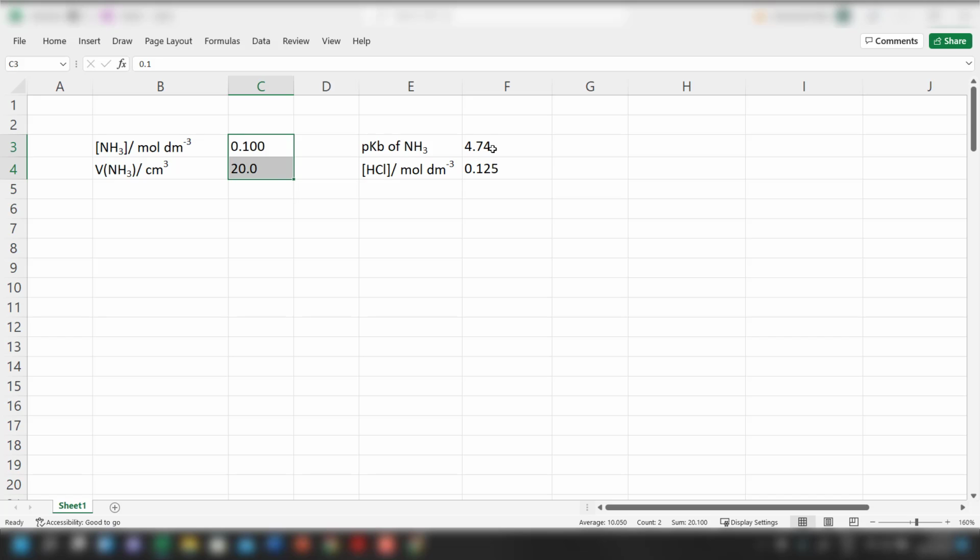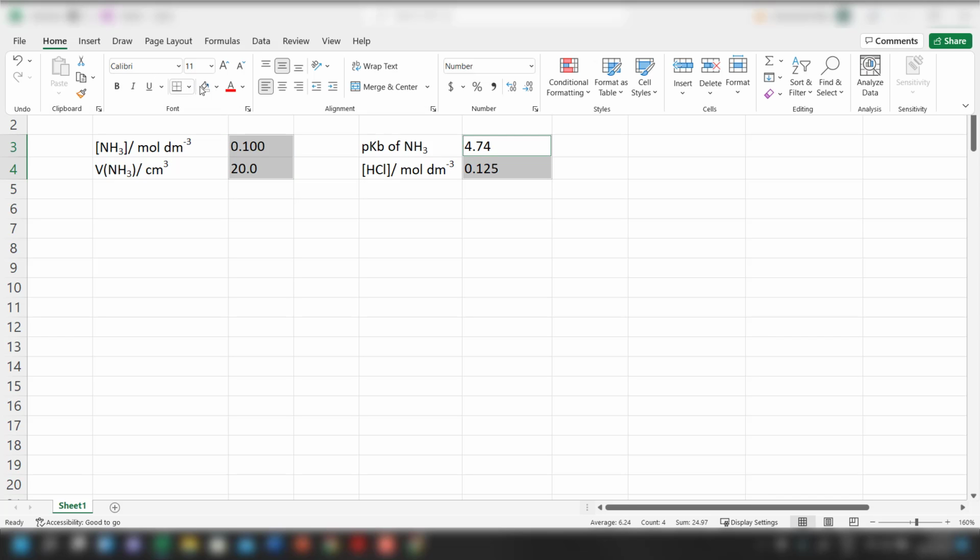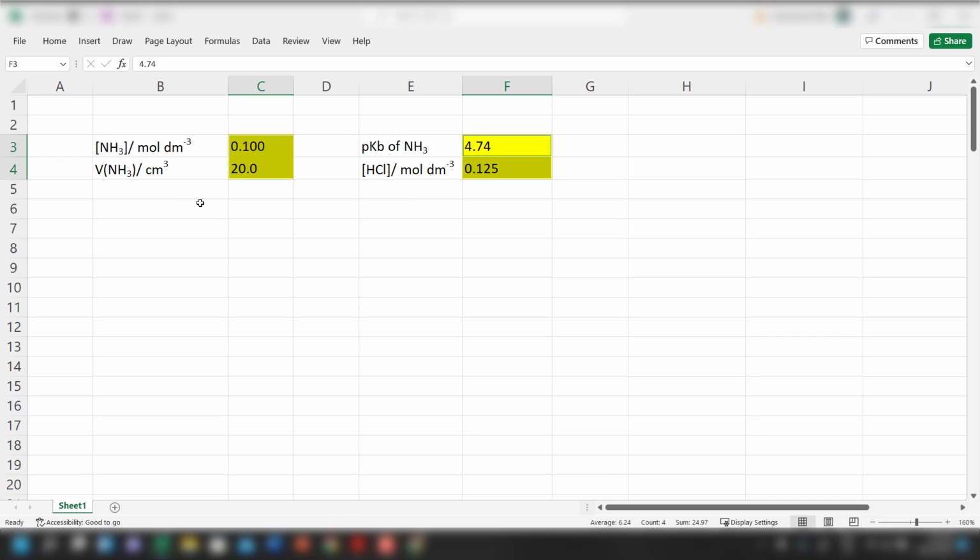All these are the variables which you can change according to the question. You can change to a different strong and weak acid. I'll leave it to you how you want to go about changing the variable, and thereafter the titration curve will look different. Then after that, the next part will have the amount of HCl required for complete neutralization.